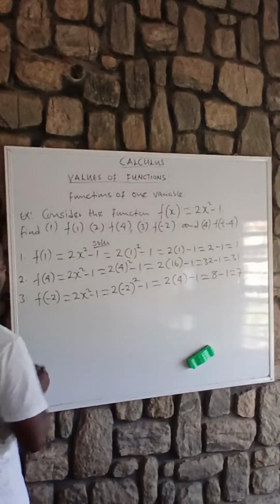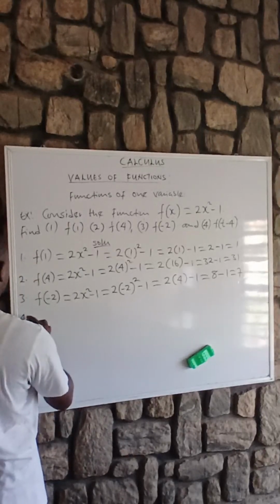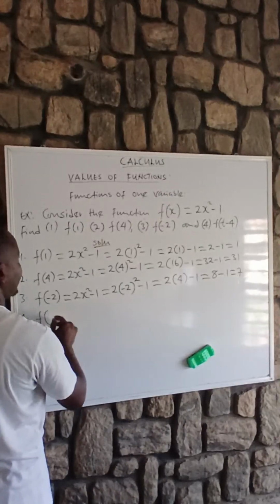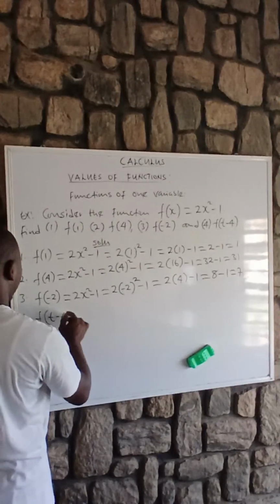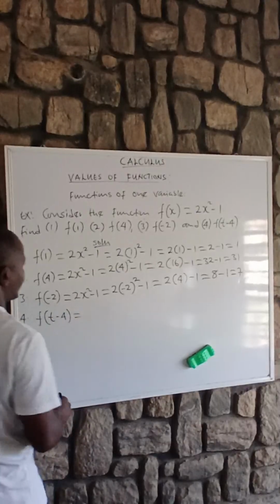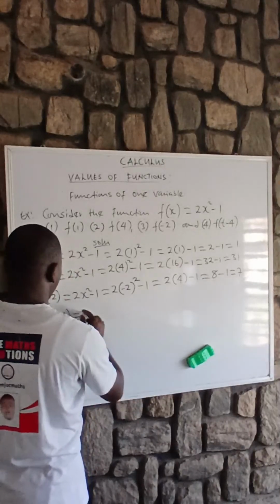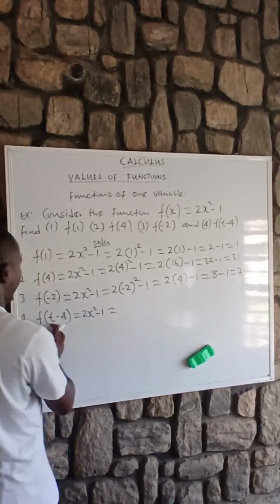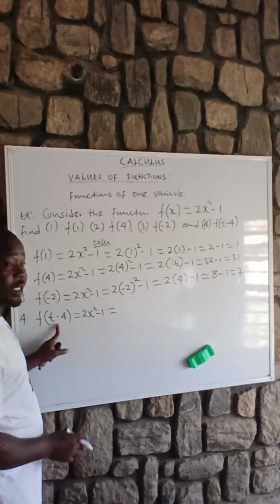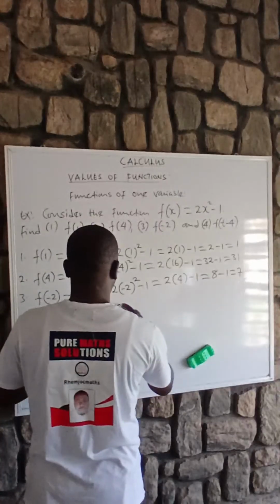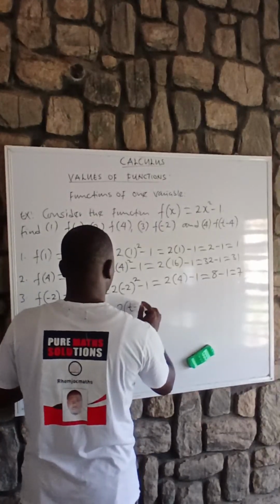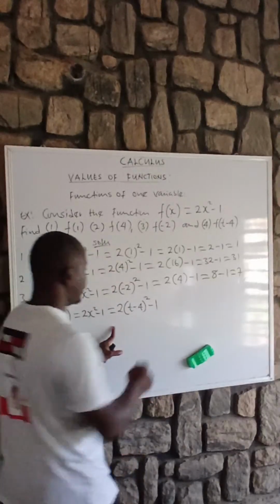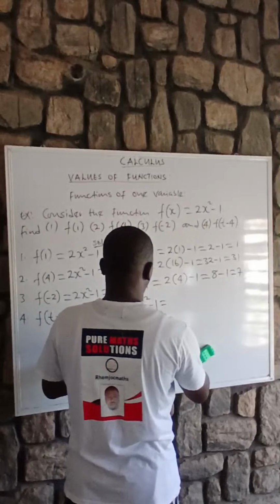Then the last one on the list is 4, right? So here is f of t minus 4 is equal to 2x squared minus 1. So anywhere we see x, we write t minus 4. So here will now be 2 open bracket t minus 4 all in square minus 1.